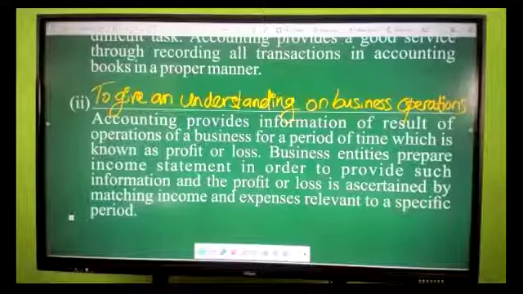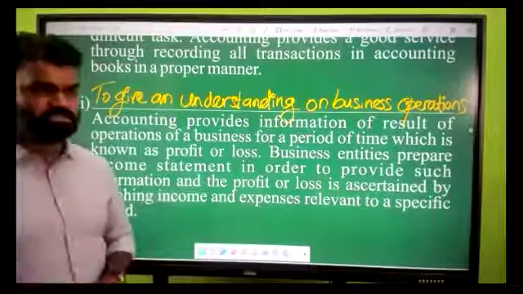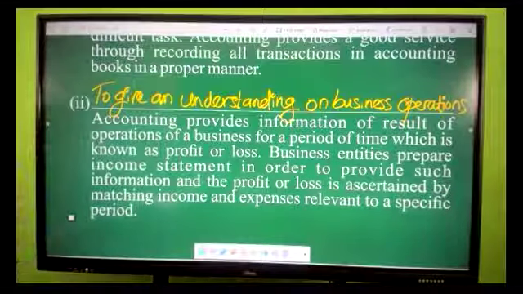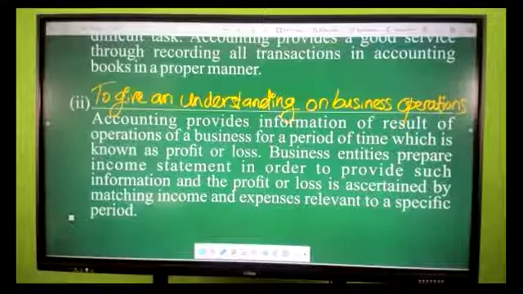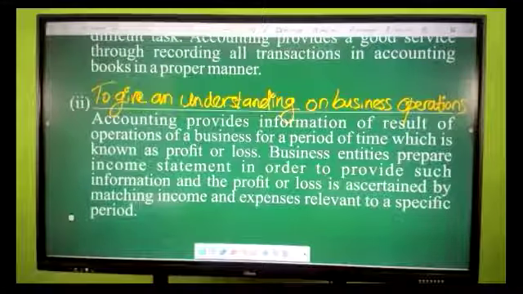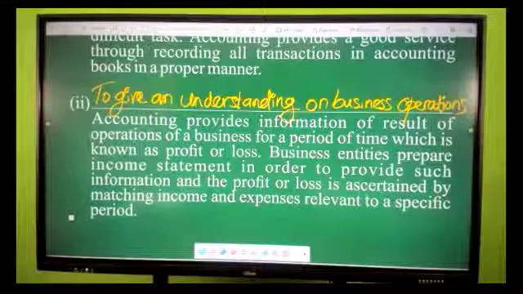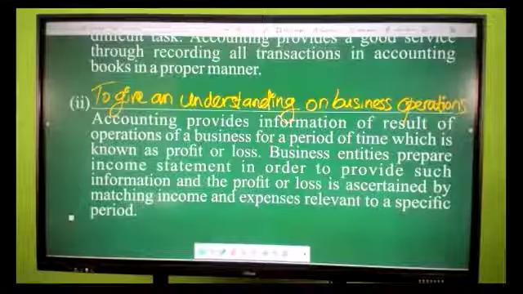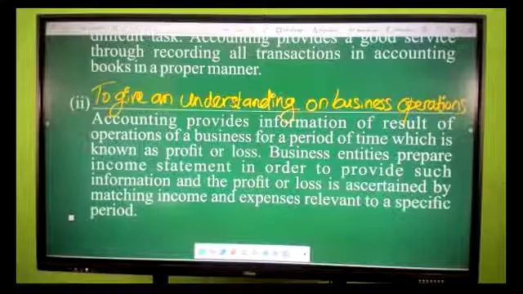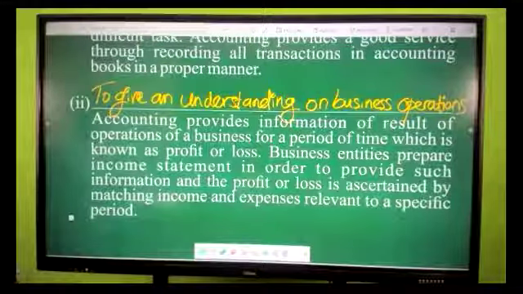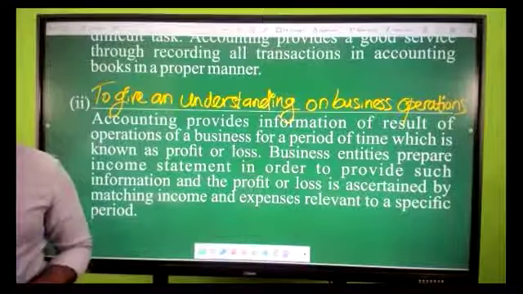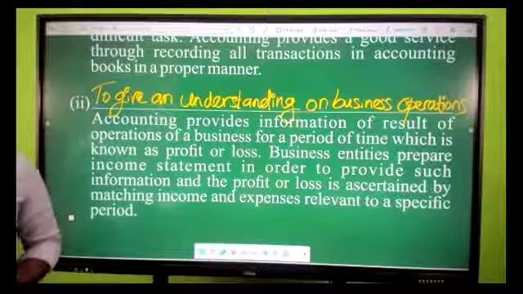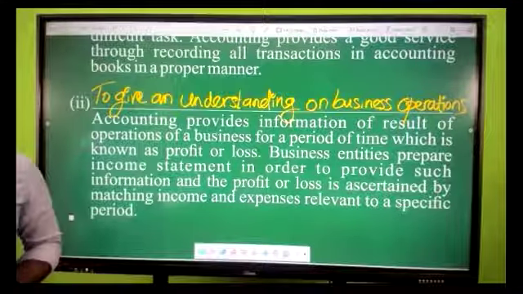This is also another important thing. To give an understanding on business operations. Okay, read it. Accounting provides information of results of operations of a business for a period of time, which is known as profit or loss.